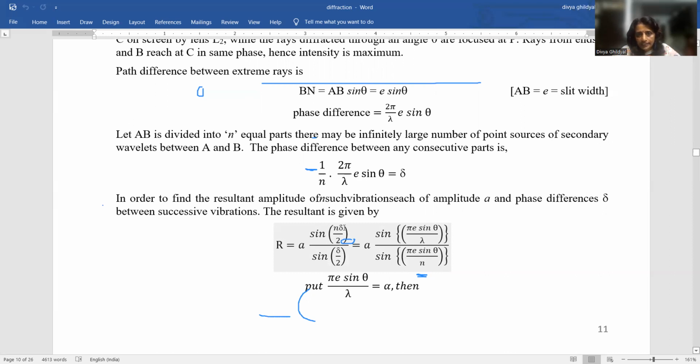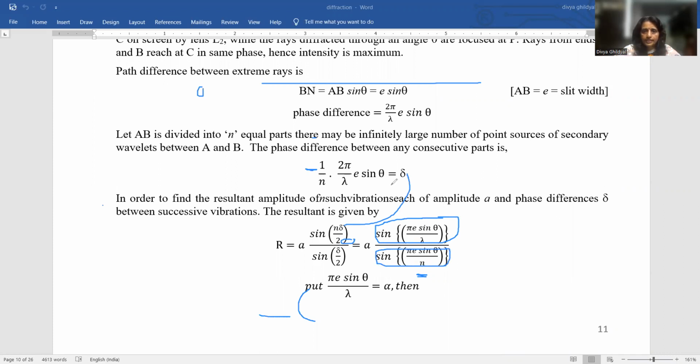What is actually this del factor here? Look at the expression above. Del comes out as pi e sine theta by lambda, and this 2 has got cancelled. So this becomes sine of pi e sine theta by lambda, and sine of pi e sine theta by lambda.